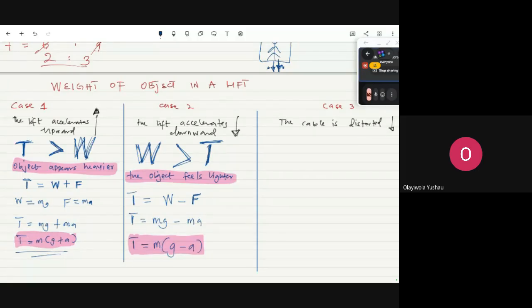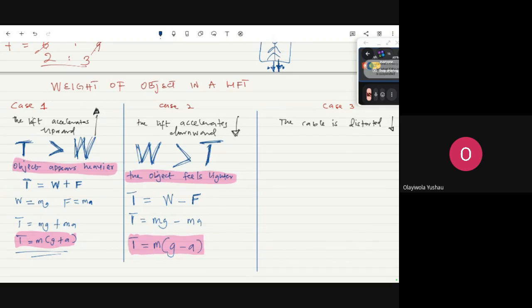Any other question apart from that? Okay, in the answer of question, we'll just look at the case 3 again.